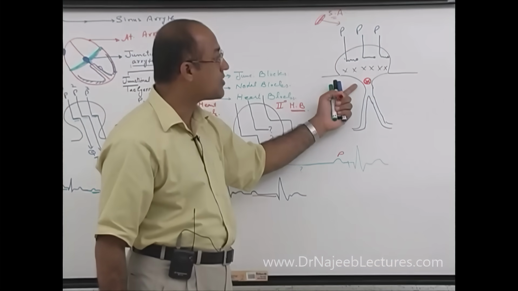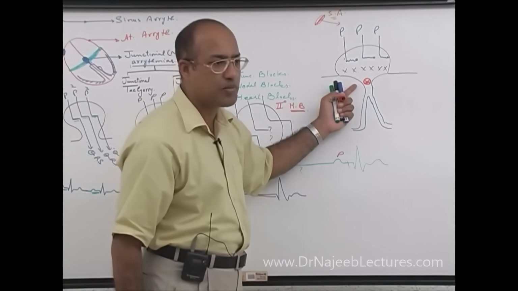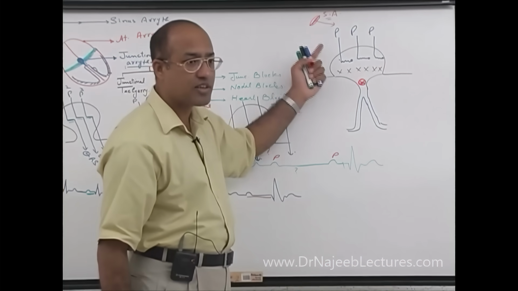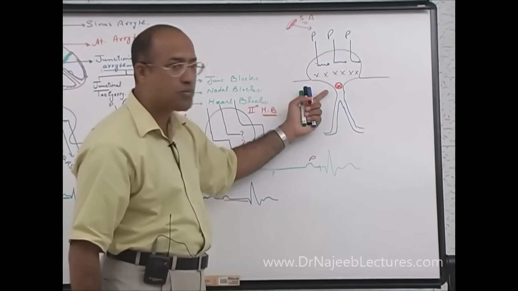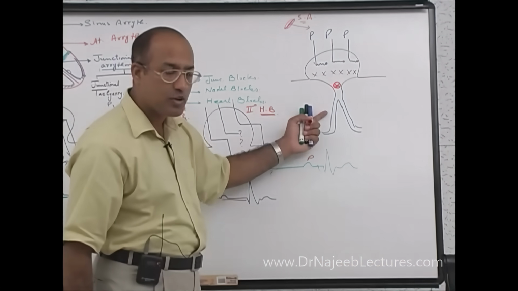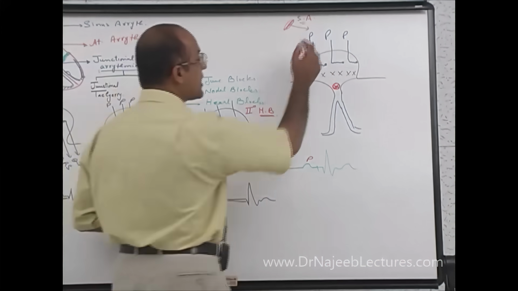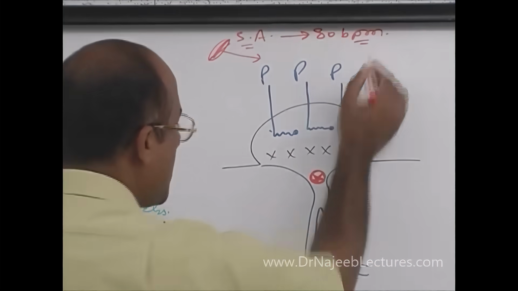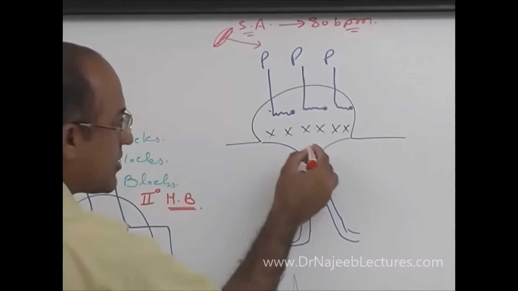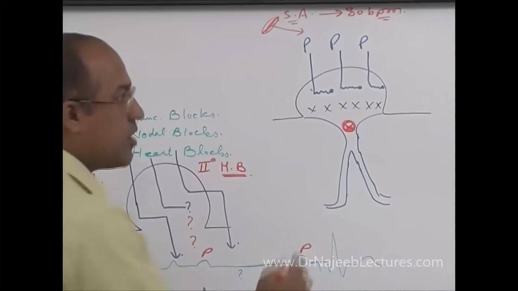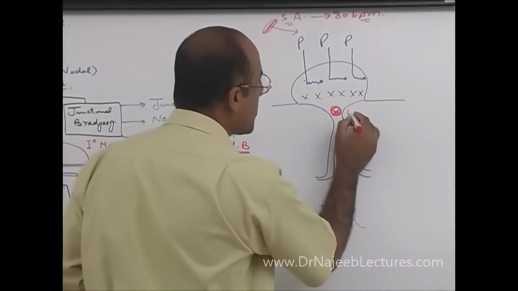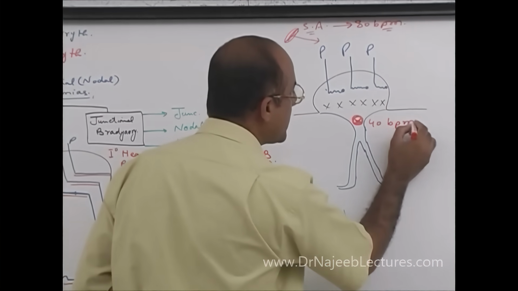And this new pacemaker is of course not a normal pacemaker. So the atria are paced in one way, and ventricles in a different way. Usually the SA node may be driving the atrium at the rate of 80 beats per minute, and maybe this new pacemaker may be producing depolarization at just 40 beats per minute.